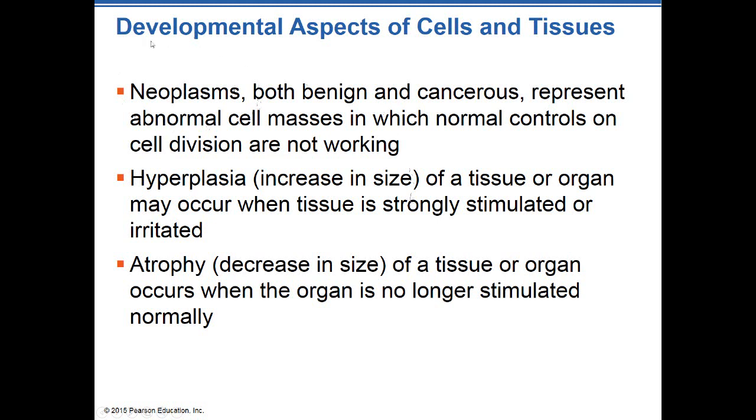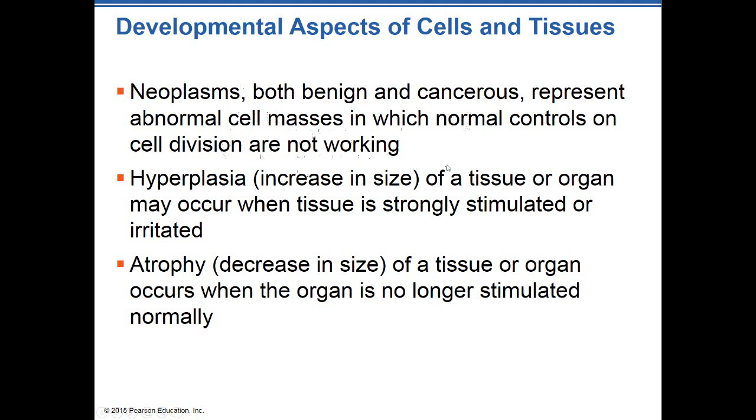So speaking of cancers, neoplasms, that's the medical term for cancer. Neo means new and plasm is tissue, so a neoplasm is new tissue, but it's something that shouldn't be there. It can be benign or cancerous depending on how aggressively it grows and also whether it spreads to other tissue. But these are abnormal cell masses where the normal controls of cell division are not working.